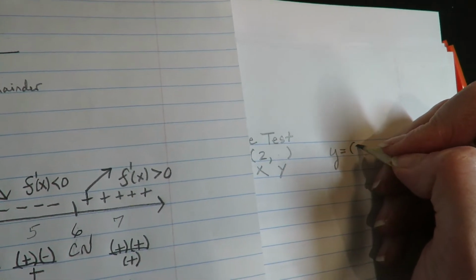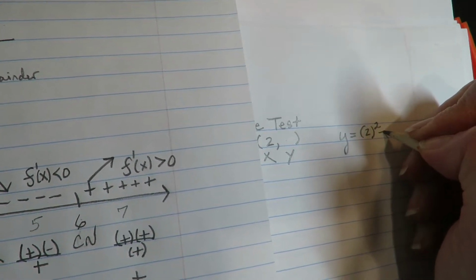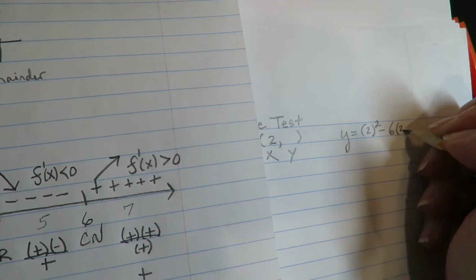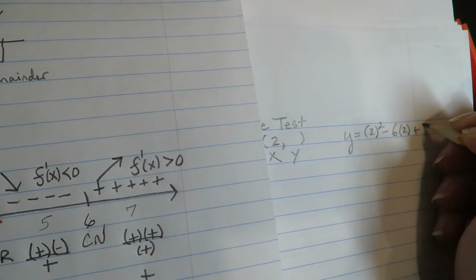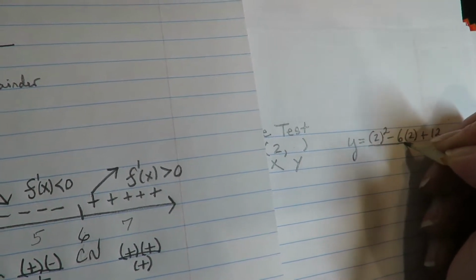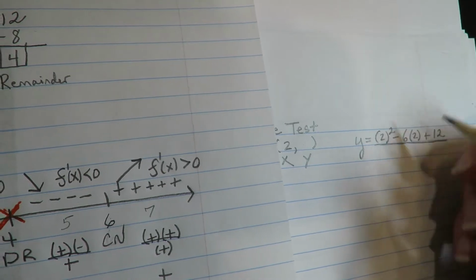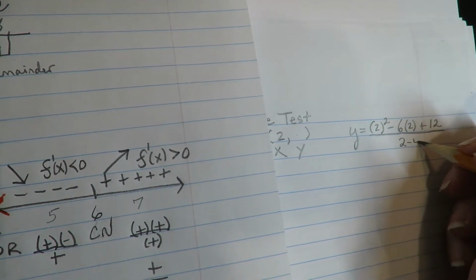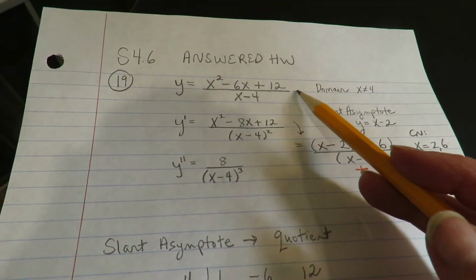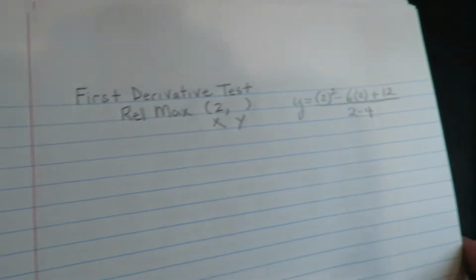So it's going to be 2 squared minus 6 times 2 plus 12 all over 2 minus 4. Alright, so this is what I plugged 2 into, the original. Alright, let's fiddle with this.